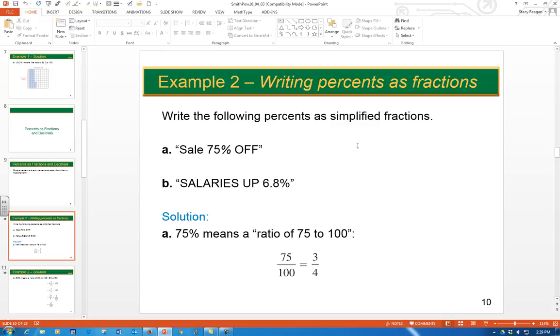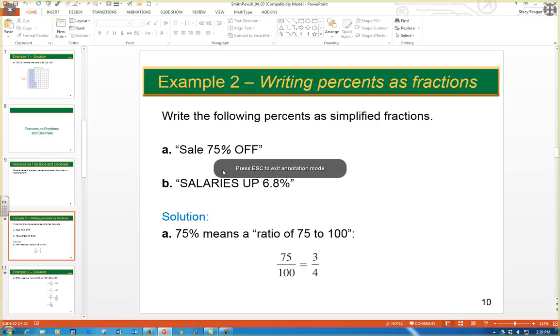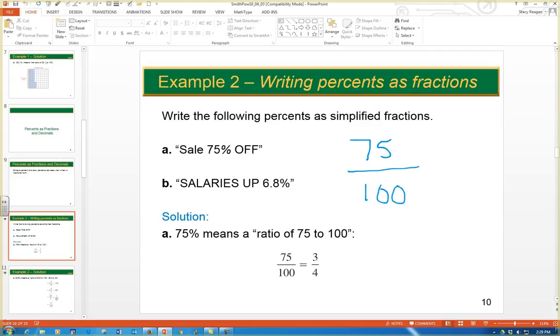So what we're going to do is use that calculator, and if we were looking at 75%, we would want to take anything that we have and divide it by 100. So anything that you have, you can write it as a fraction and divide it by 100, and you can use your calculator to do the reducing for you.